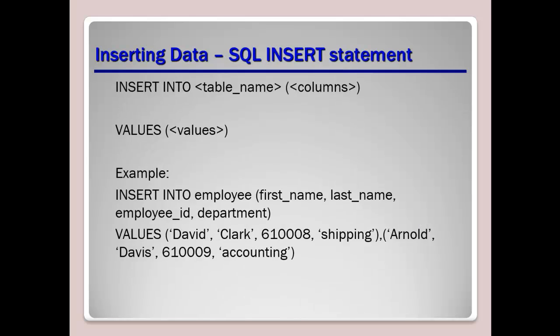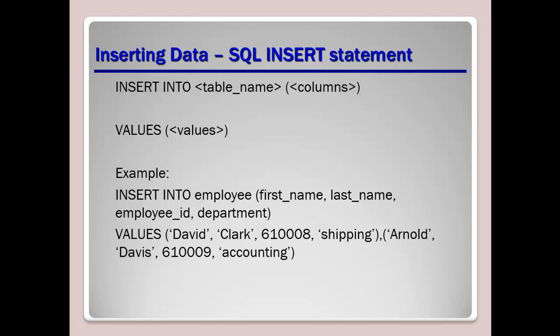Now let's look at the SQL insert statement that you would use in the editor. You can insert into, give me the table name and the columns, and then what values do you want into those areas.